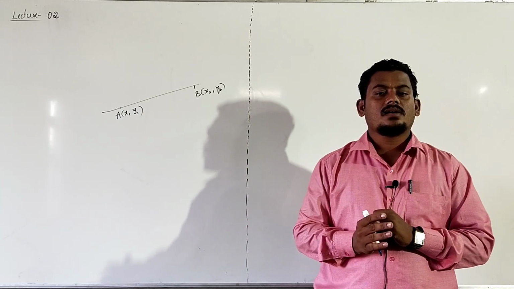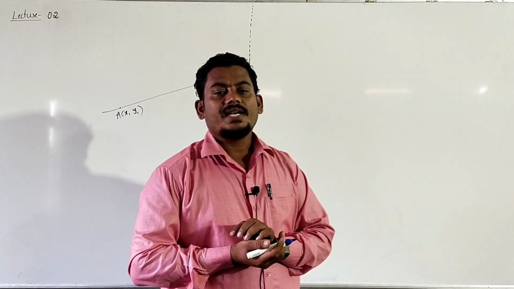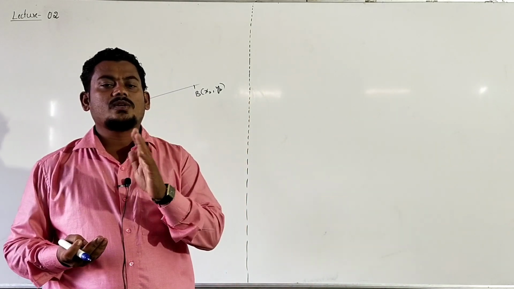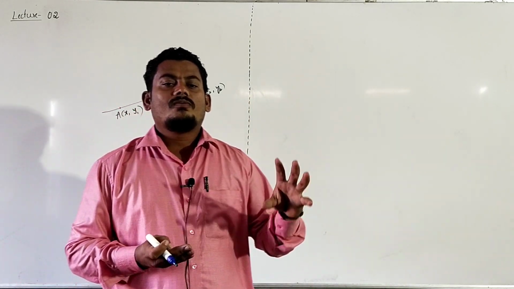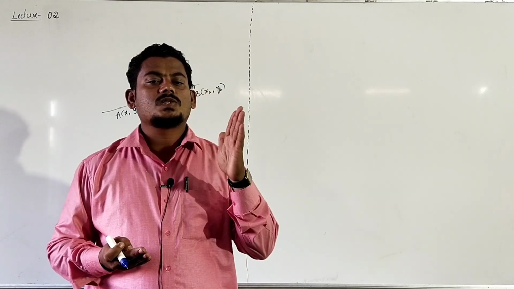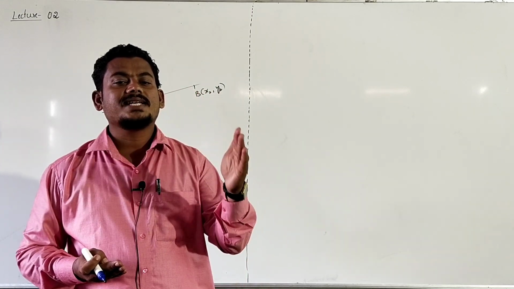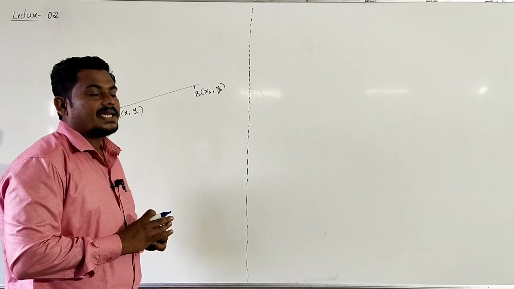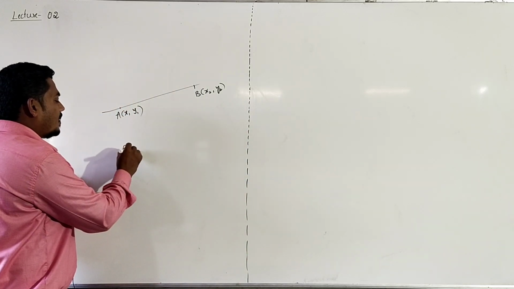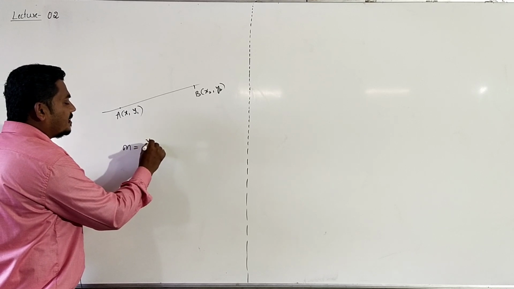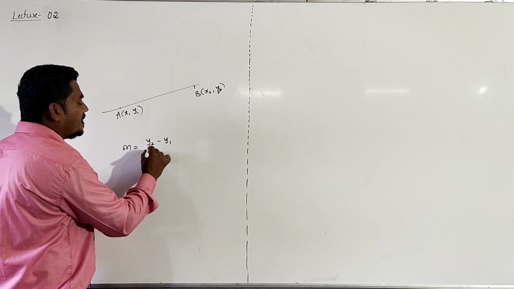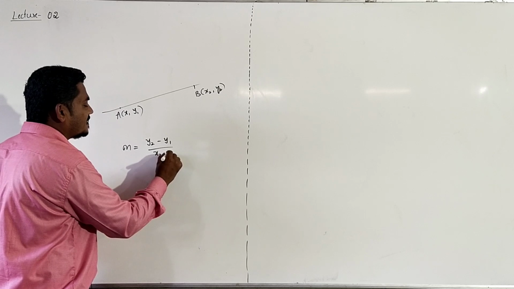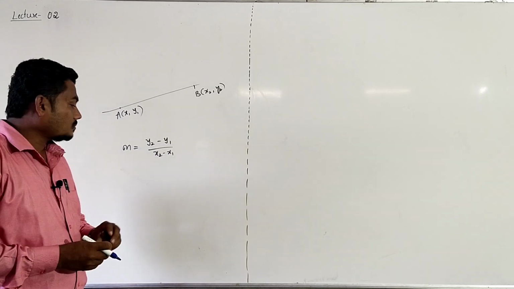The formula for finding the slope of a line passing through given 2 points x1, y1 and x2, y2: the slope of the line joining 2 points is y2 minus y1 divided by x2 minus x1, right?